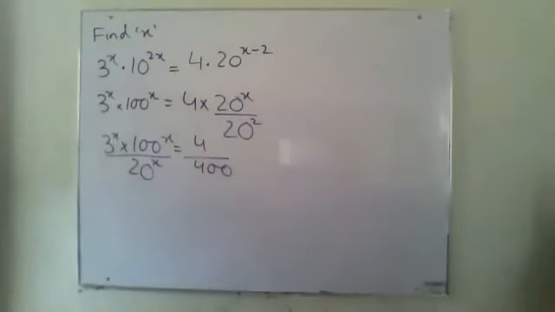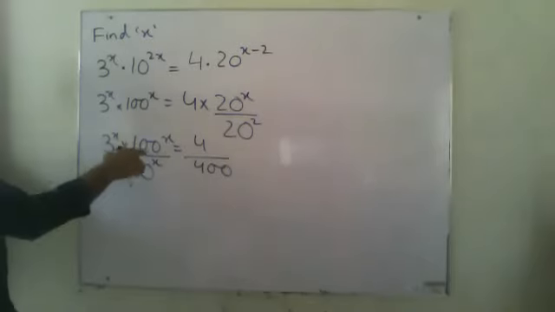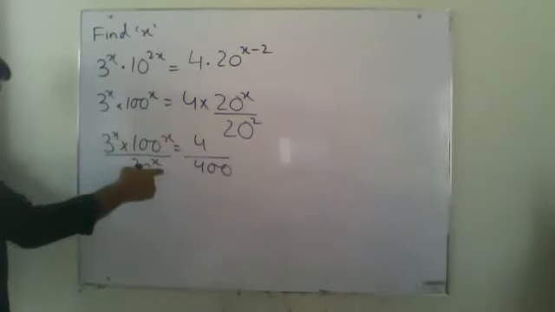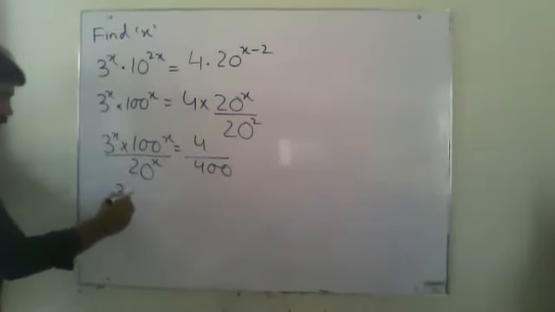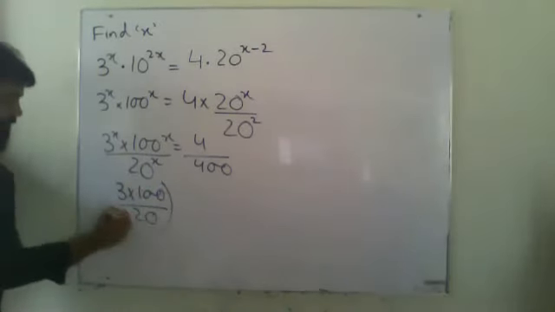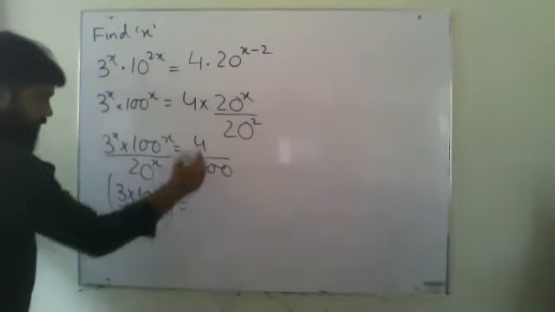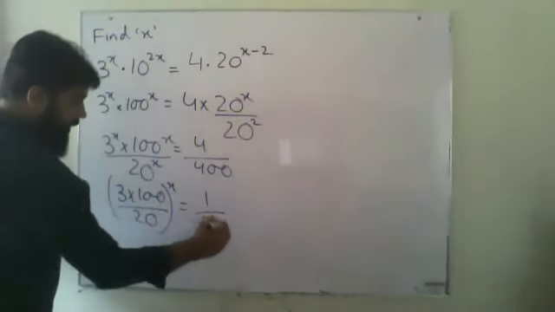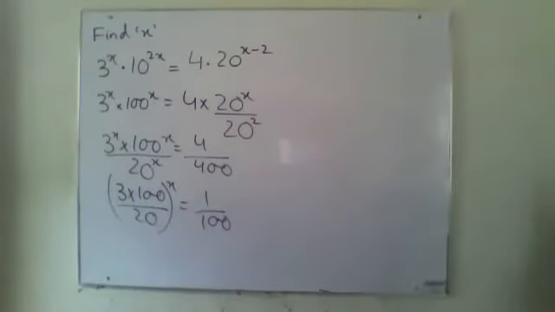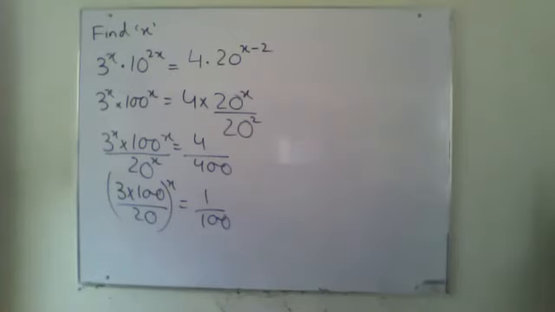After this, 3 to the power x multiplied by 100 to the power x divided by 20 to the power x, all are x. So I am going to solve it like this, and 4 over 400 will become 1 over 100.